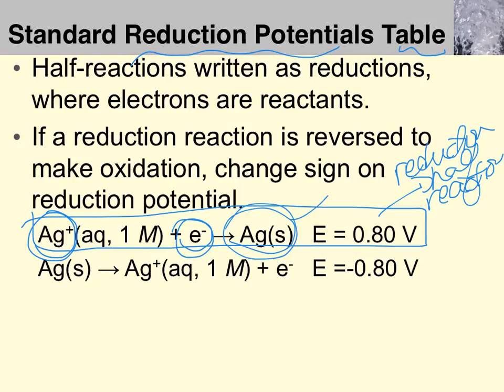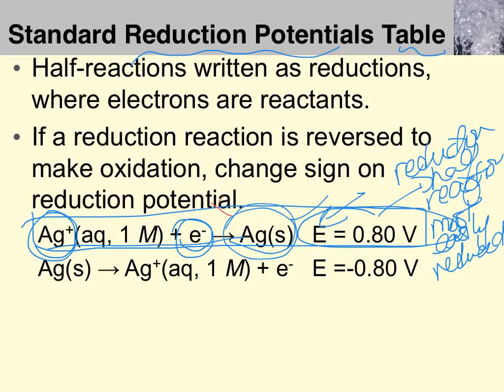And so the materials with the highest value of E, the highest voltage, are going to be most easily reduced, because they're written in reduction form. How do I know that this is reduction form? Well, reduction means gain electrons.